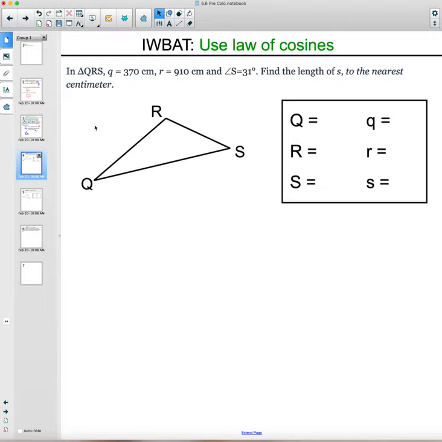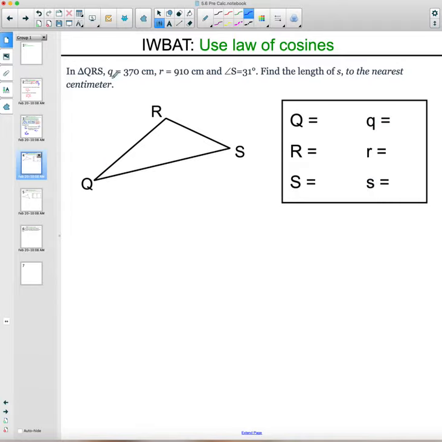Okay, so let's take a look at a couple examples here. We've got in triangle QRS, side q is 370, side r is 910, and angle S is 31. So let's write that on the picture. I also like to organize my information like this, so I've written down all of the angles and the sides.